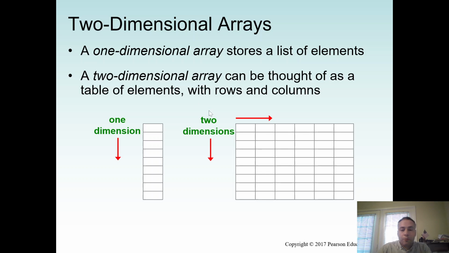Now, when you talk about two dimensions, you see a table like this, and in order to work with this table, you need to reference each cell. And that requires basically two coordinates or two indices, a row index and a column index. And notice that I will always say the row index first and the column index second.